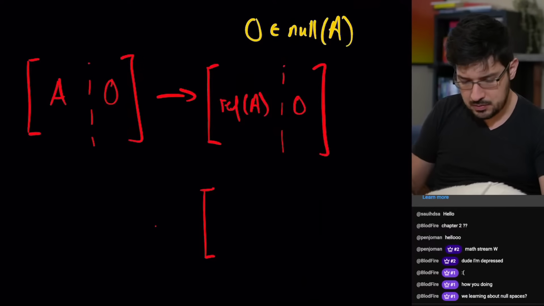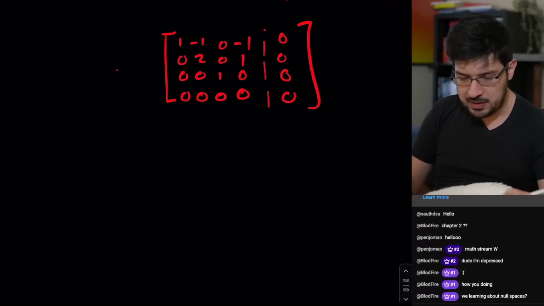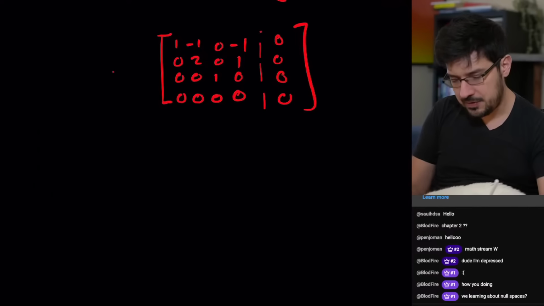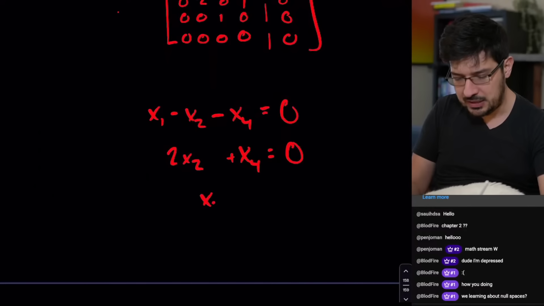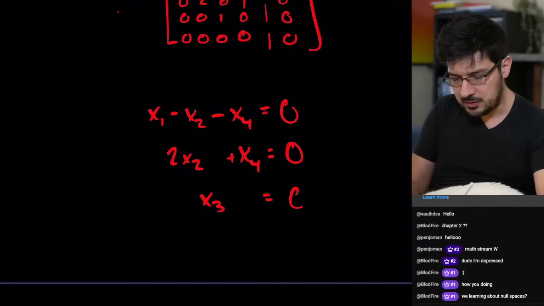Right? If we're solving these equations, then what this means is that we have x1 minus x2 minus x4 equals 0. We have another equation, 2x2 plus x4 equals 0. And we have x3 equals 0, right?